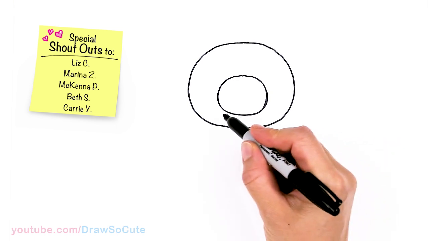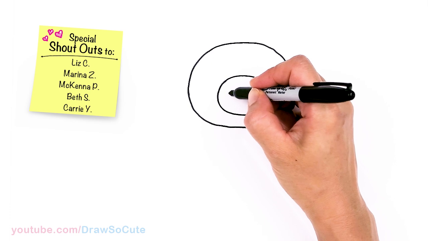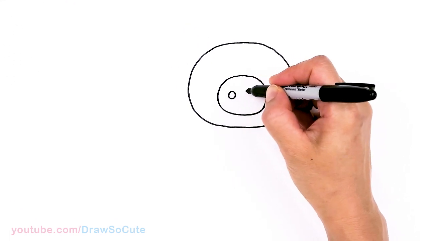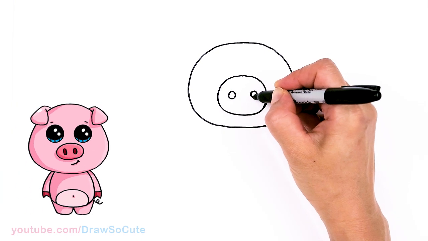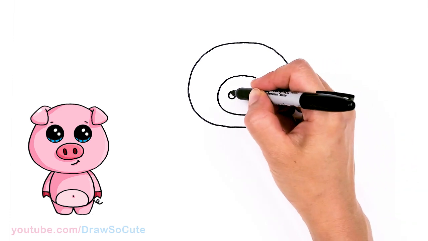There. So it's a little bit more towards the bottom right here. And then let's come in here and we're going to draw two more ovals for the nostrils. You can shade that in so you see a little bit better.